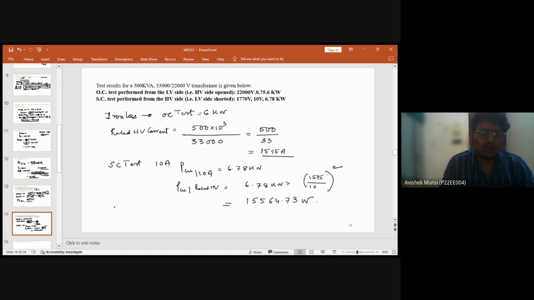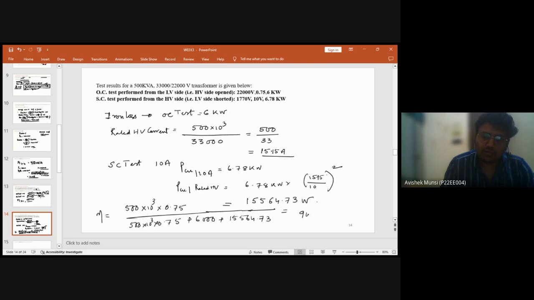what? Now we have to calculate the efficiency. If you put the formula at full load, x equal to 1, and cos theta given as 0.75, so x kVA cos theta is 0.75 times 500, and if you calculate it, it will be around 94.56%.